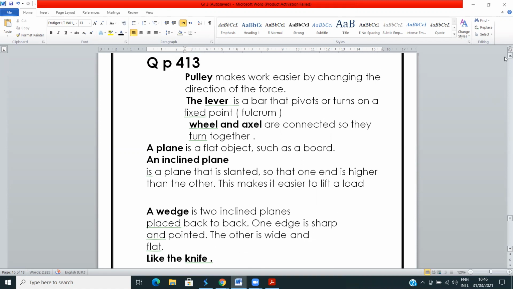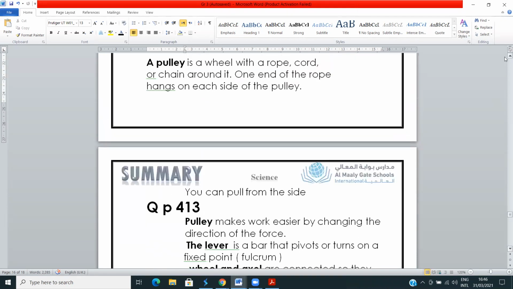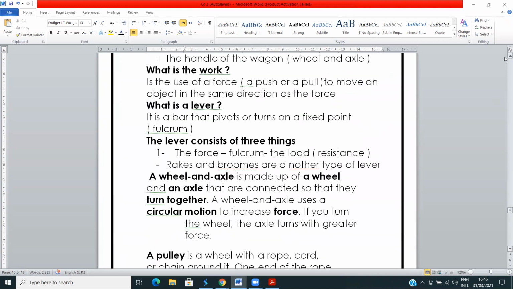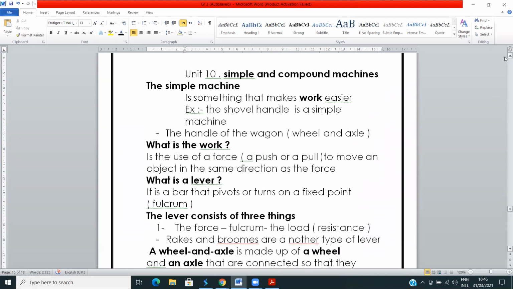Machines that make the work easier. Something that makes work easier, like what?